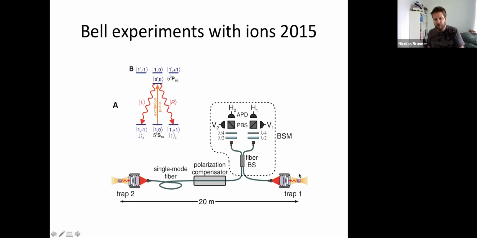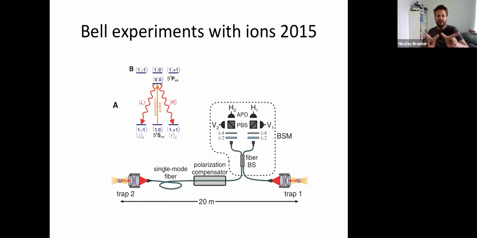And if you do it well, the polarization of this photon will be entangled, let's say, with the spin, some internal degree of freedom of the atom. So then you have a Bell state here between your traveling photon and your atom. You do the same thing here, right? So then you have two Bell states.